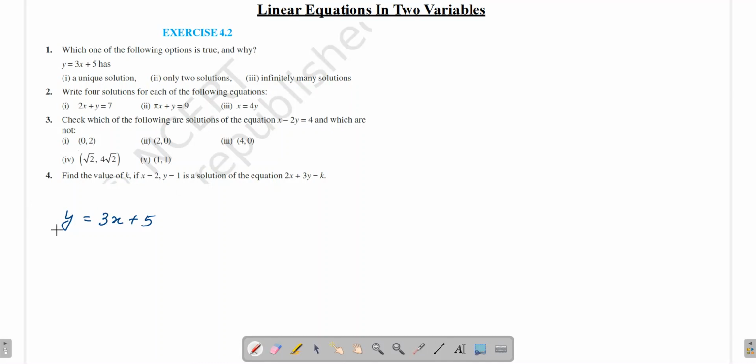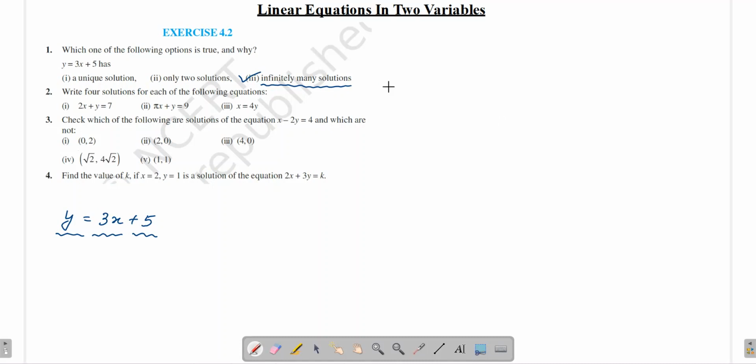In the previous lectures we have already examined that if a linear equation is of two variables, then we can have as many solutions as possible, which means it always has infinitely many solutions. So the third option is correct.